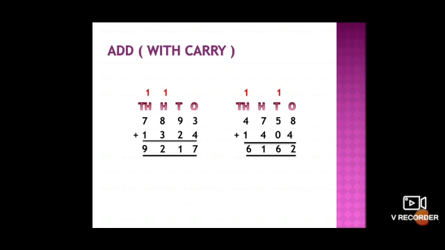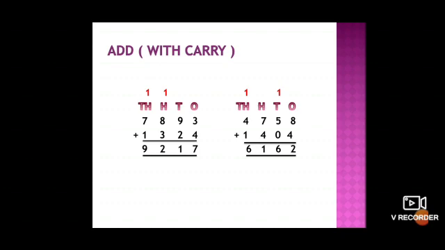Okay, so let's add the digits in the thousands place. As we have put 1 as carry, we now have a total of 3 digits in the thousands place. 1 plus 7 plus 1 is equal to 9. So your answer is what? 9,217.